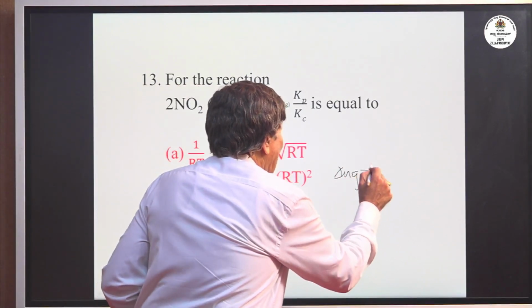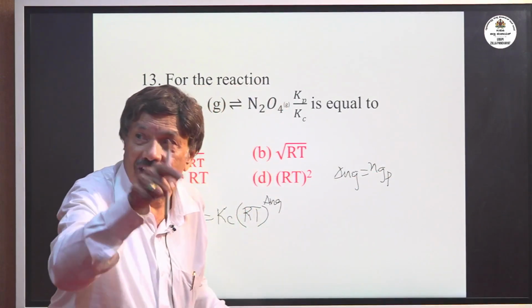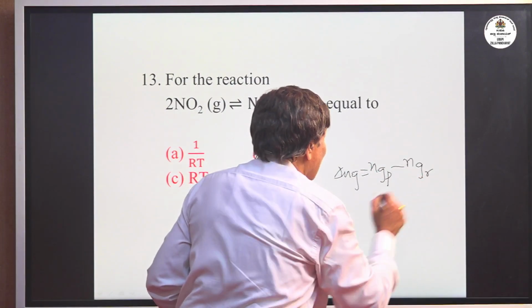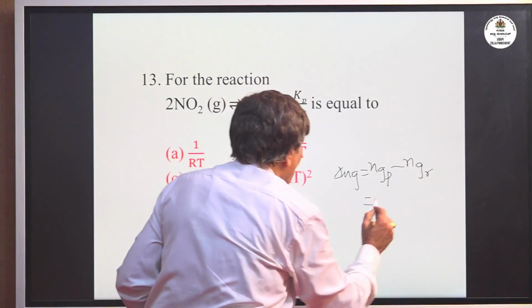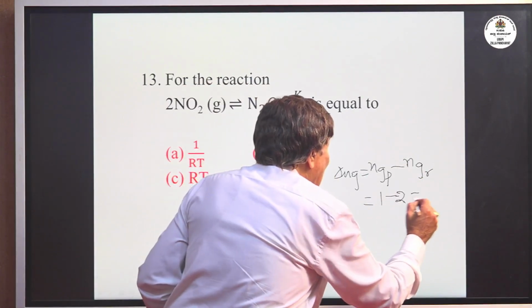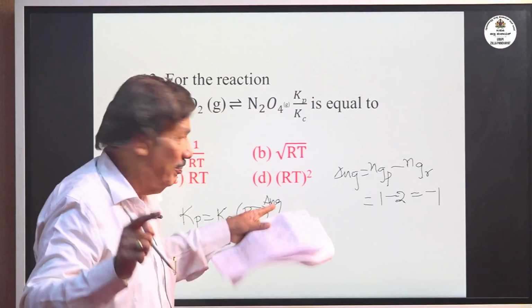Delta Ng is the number of moles of gaseous product minus the number of moles of gaseous reactant. The number of moles of gaseous product is 1. The number of moles of gaseous reactant is 2. It is minus 1. So the value of delta Ng is minus 1.